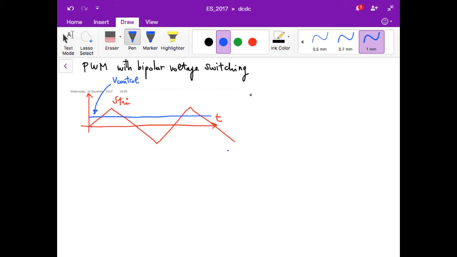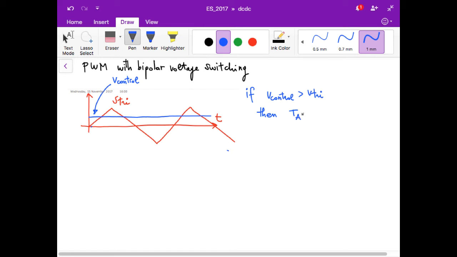And then we do the following thing. If V control is larger than V3, then TA plus and TB minus are on, and of course TA minus and TB plus are off.